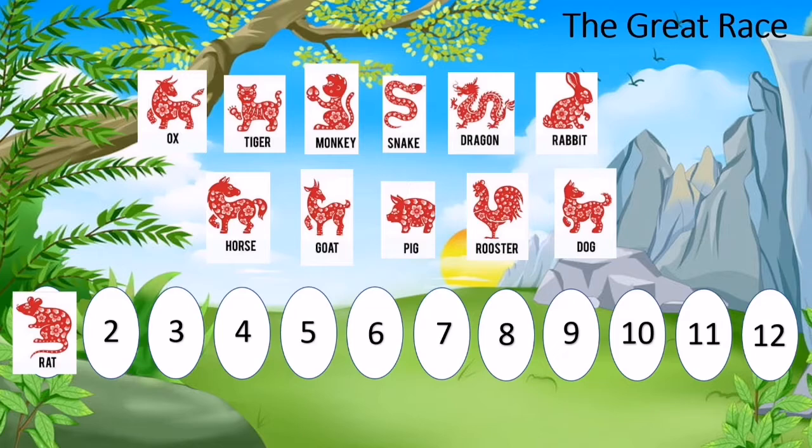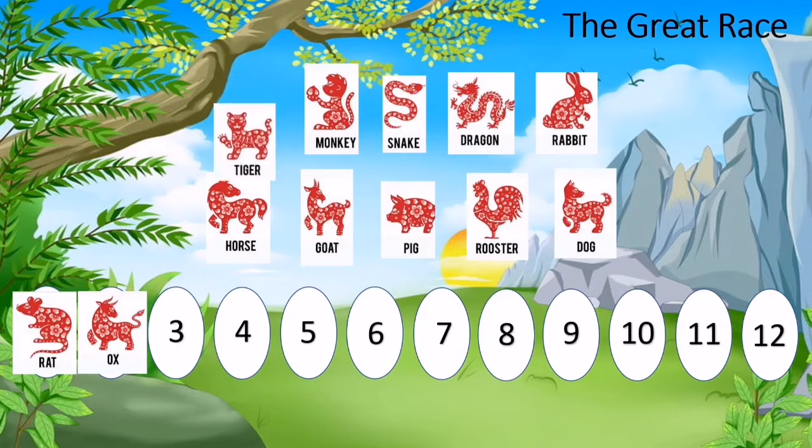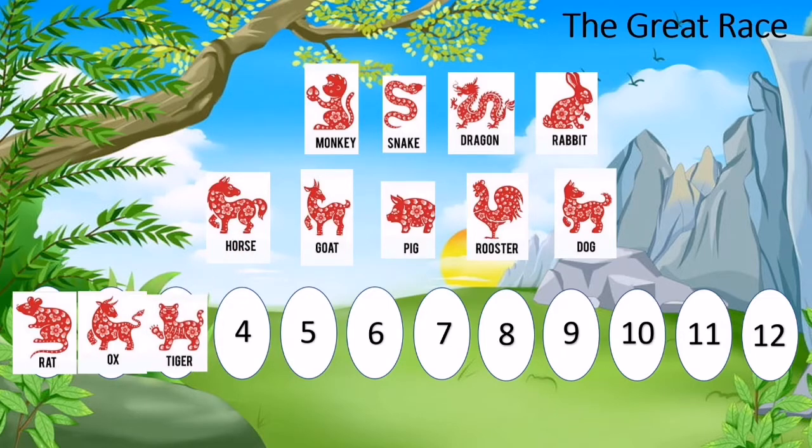Followed by the ox. The third animal in the banquet was the tiger. Then they were followed by the rabbit.